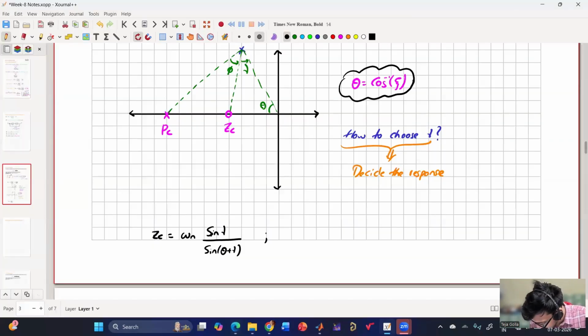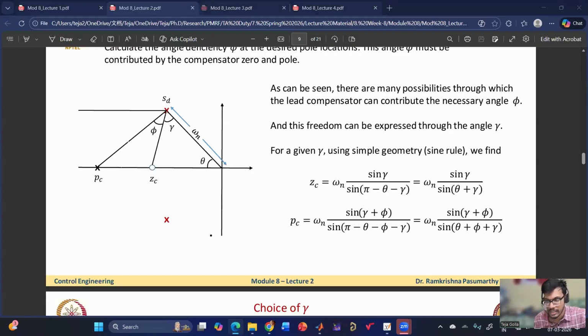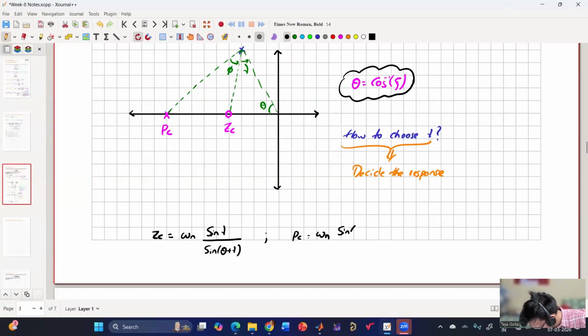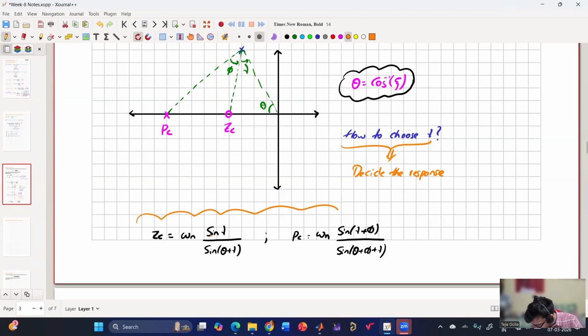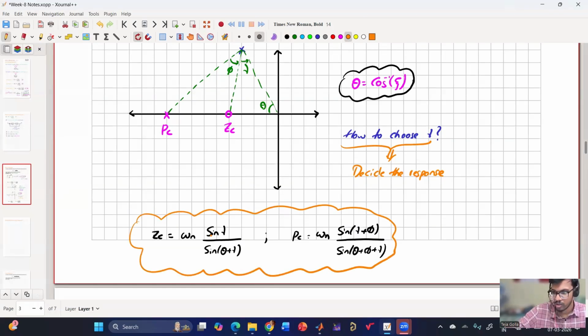Then PC is omega n sine gamma plus phi by sine theta plus phi plus gamma. So this is the overall pole values. So now using these pole values, let us see what we can do in the MATLAB.